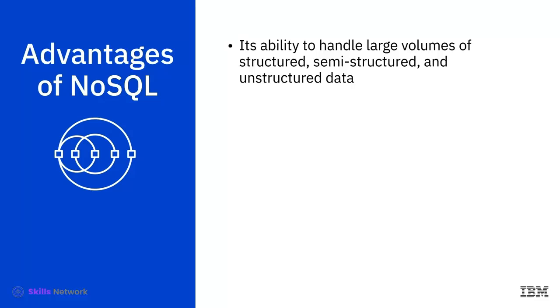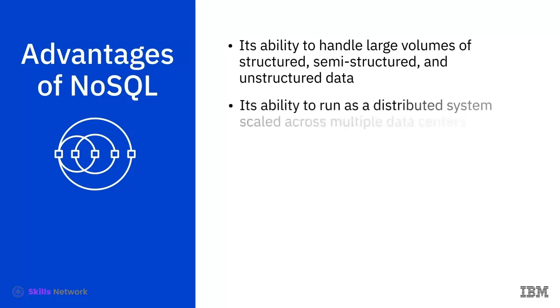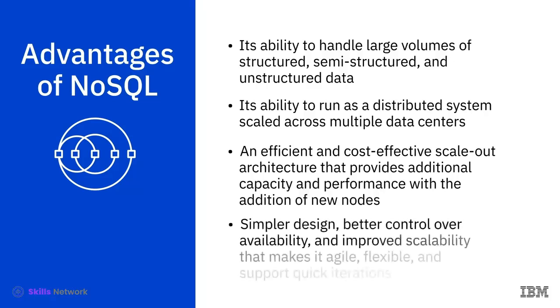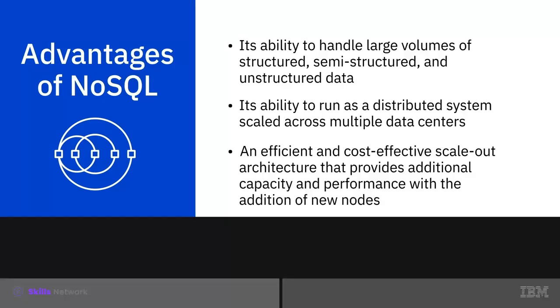Some of its other advantages include the ability to run as distributed systems scaled across multiple data centers, which enables them to take advantage of cloud computing infrastructure, an efficient and cost-effective scale-out architecture that provides additional capacity and performance with the addition of new nodes, and simpler design, better control over availability, and improved scalability that enables you to be more agile, more flexible, and to iterate more quickly.